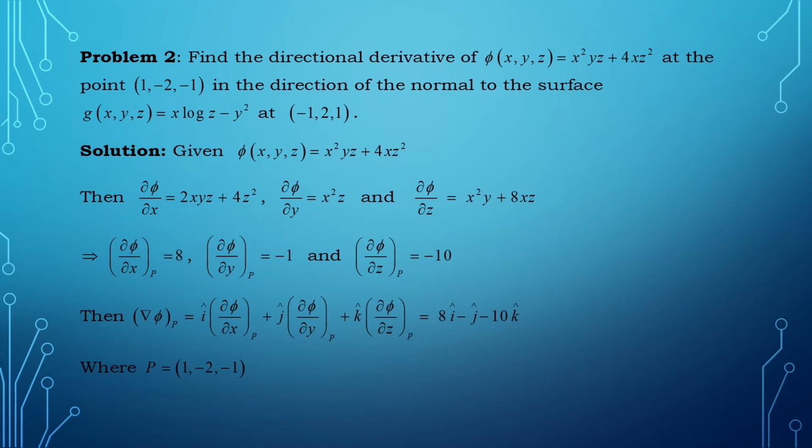By using these values, we find the gradient of phi at the given point P. Del phi at P equals i cap dou phi by dou x at P plus j cap dou phi by dou y at P plus k cap dou phi by dou z at P. If we plug in the values of the partial derivatives at P, we get del phi at P equals 8 i cap minus j cap minus 10 k cap.